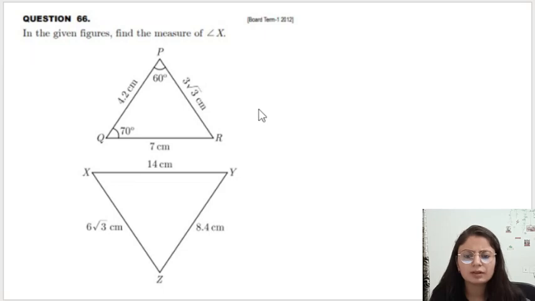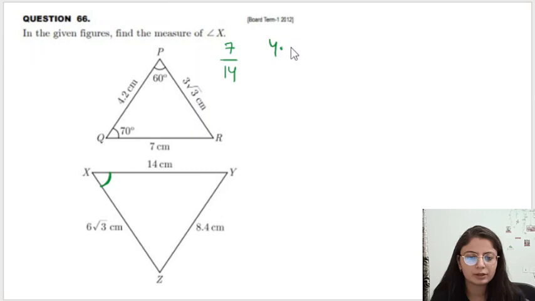In the given figures, find the measure of angle X. Okay, so we have to find this angle. This is angle X. Okay, now let's observe these two triangles. The ratio of QR to this YX is 7 by 14, which is 1 by 2, right?